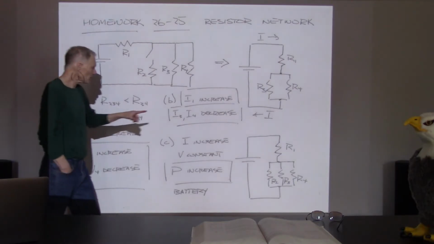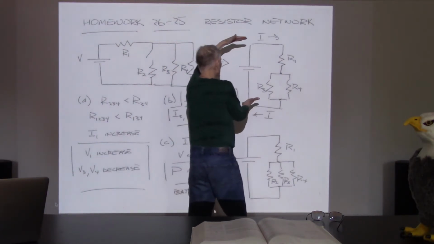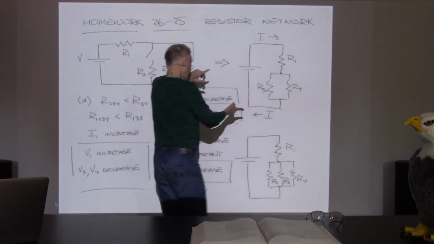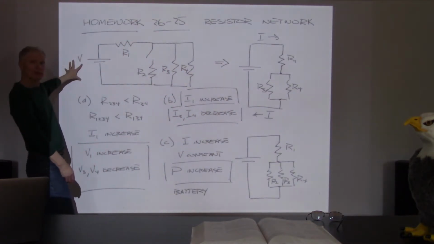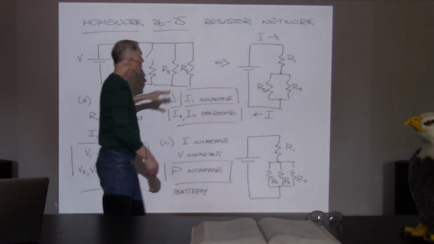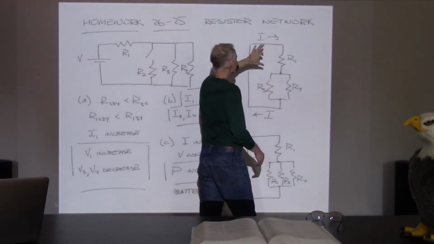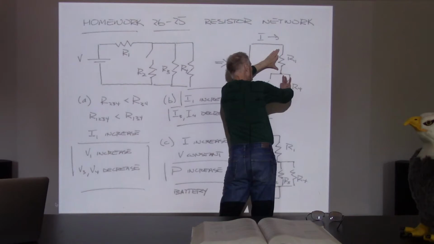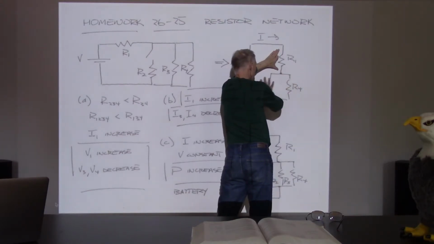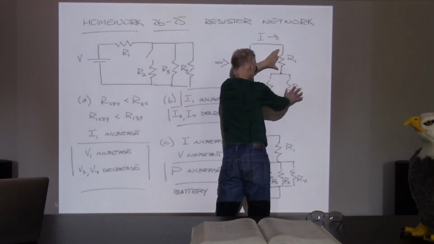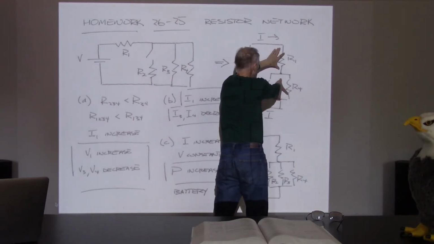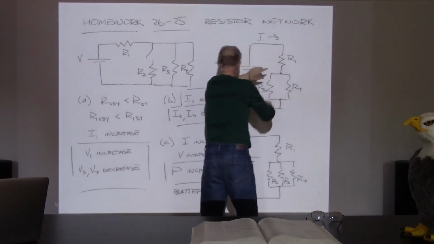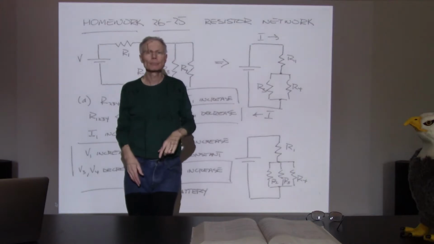Now, if I look at this circuit here, I've got a certain amount of voltage available from the battery. And when I draw them like this, I can say some of that voltage will be here, and the rest of the voltage will be here across this combination of resistors. So those two numbers combined have to add up to the total voltage, right?